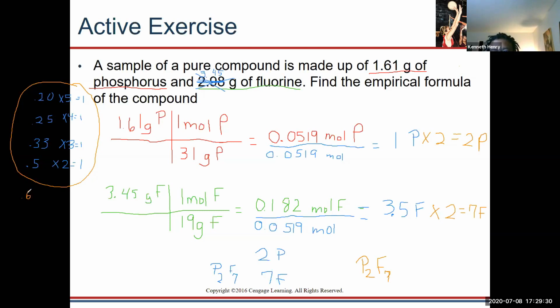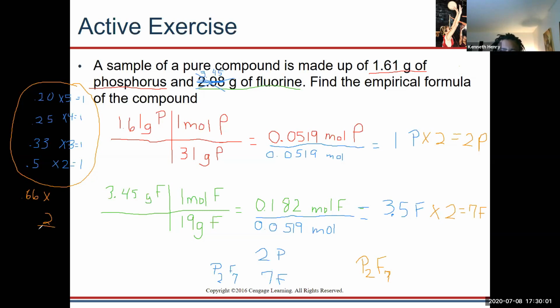And if it's 0.6, in that case it's like 0.66, right? To make this a whole number, what do you think I'm going to multiply it by? Let's see, 2/3.